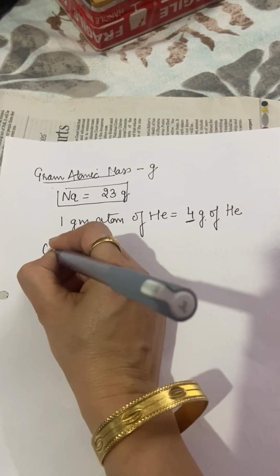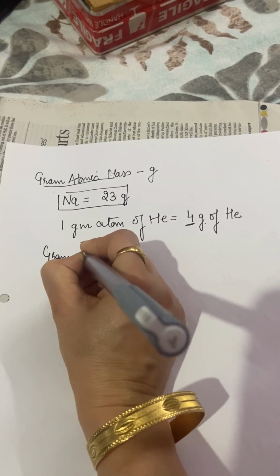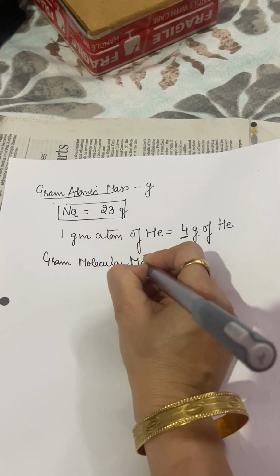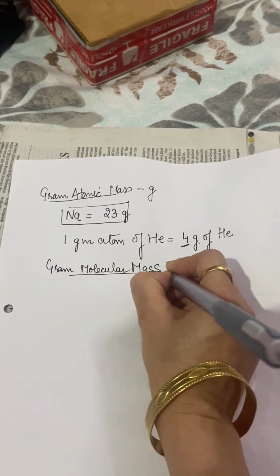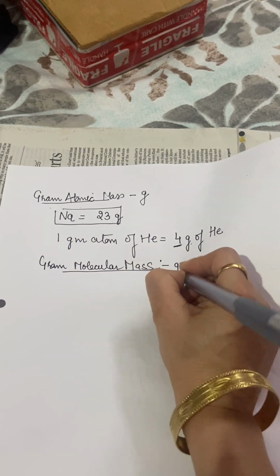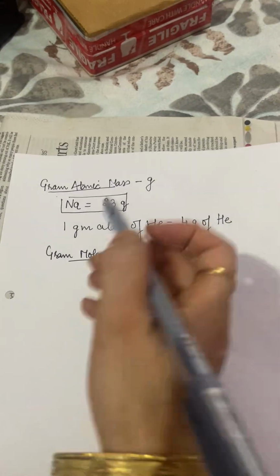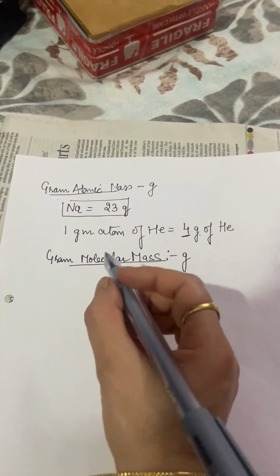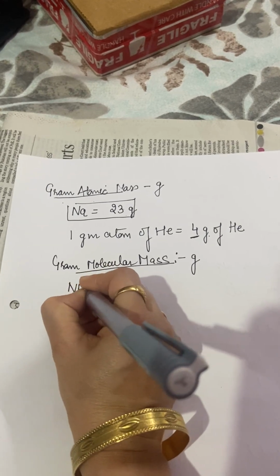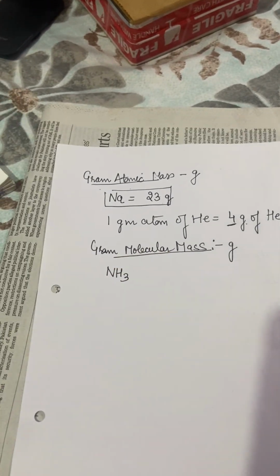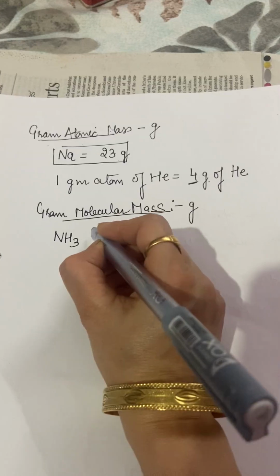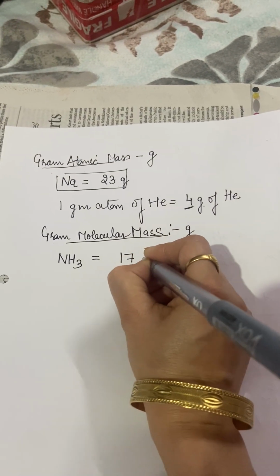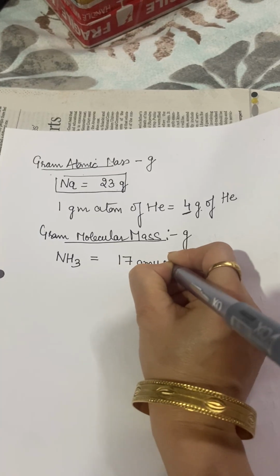The next part is gram molecular mass. Now, same as before: when the molecular mass of any substance is expressed in grams, we say it is the gram molecular mass. For example, if I take this molecule, ammonia, the relative molecular mass is 17 AMU or u.